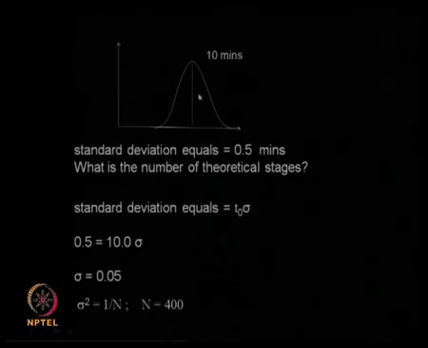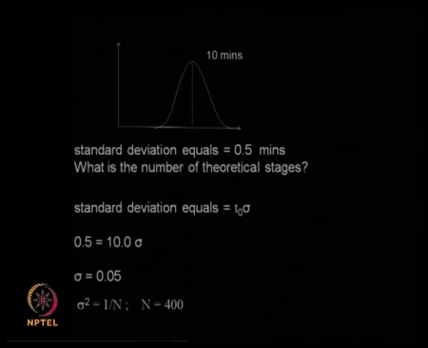So, when I inject a sample and I get a beautiful sharp curve, then I can be sure the theoretical stages are large. If I am getting a broad curve, then I can be sure my theoretical stages are less.